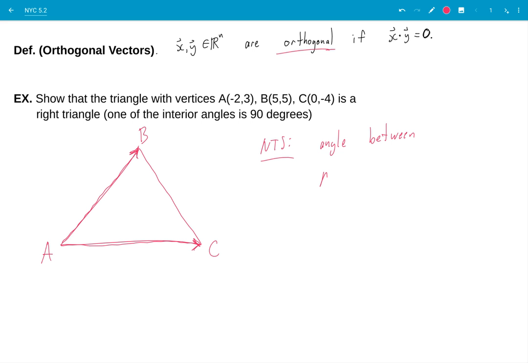So I'll say, first of all, the angle between AB and AC is 90.